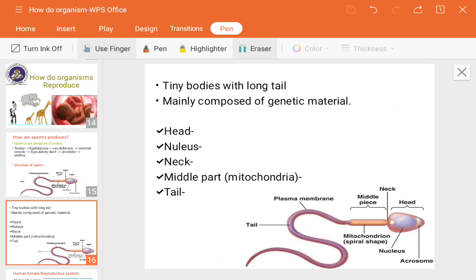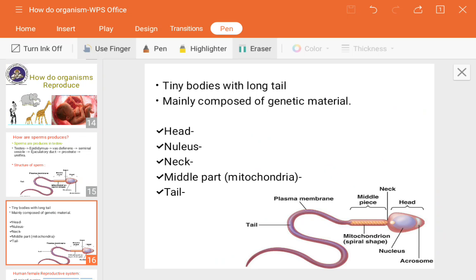Whenever fertilization takes place, at that time the sperms try to rupture the egg cell, and the acrosome will be helpful. The plasma membrane, you know that it is made up of lipoprotein, that is glycoproteins, amino acids, lipids and the different polysaccharides.